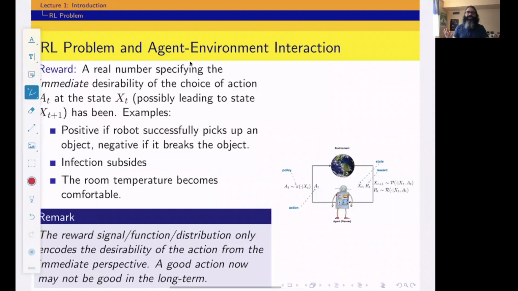So it would actually be a punishment, but we talk about negative reward. Or if the patient has had an infection, but then based on the action that we give, for example antibiotics, the patient doesn't have the infection anymore, that's a positive reward. Or in an air conditioning system, if the room's temperature becomes comfortable, then that's possibly a positive reward, as the occupant of the room would say, well, it's comfortable, so that's good.